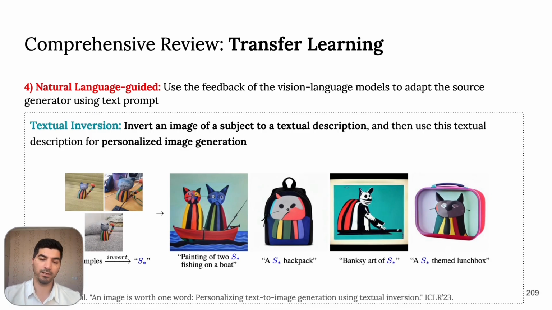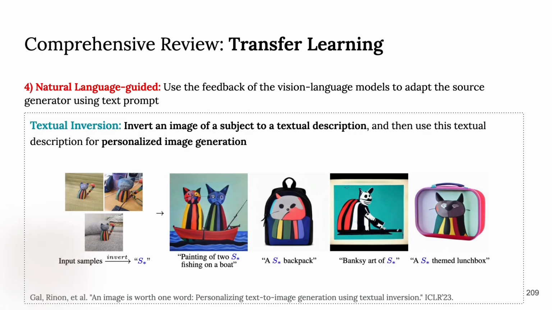Another cool work, which is addressing a new task, is textual inversion in ICLR 2023. Their idea is to invert an image of a subject to a textual description. For example, on the left-hand side, you have three images of a specific toy cat. They take these samples and try to invert them into the embedding space of a text-to-image generation model.